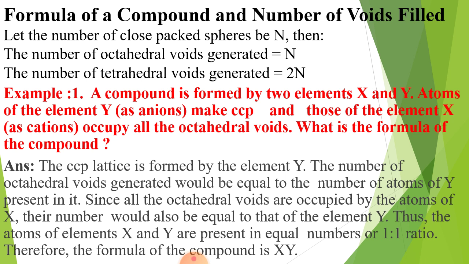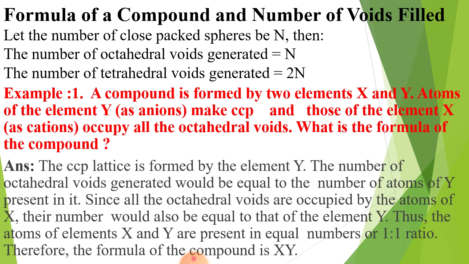As you know, voids are of two types. If the cation is small enough, it occupies tetrahedral voids. If the cation is big, it occupies octahedral voids. Now, look at example number 1. This type of question may be asked.